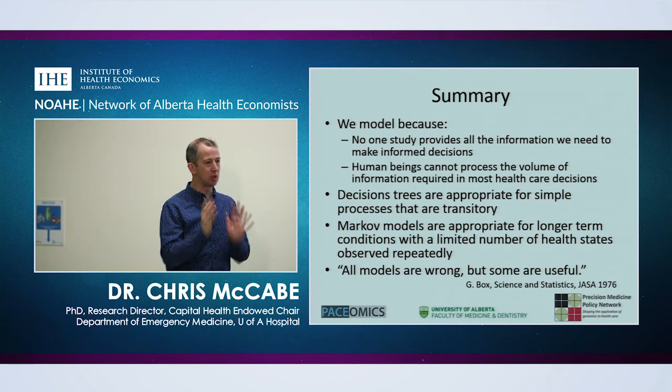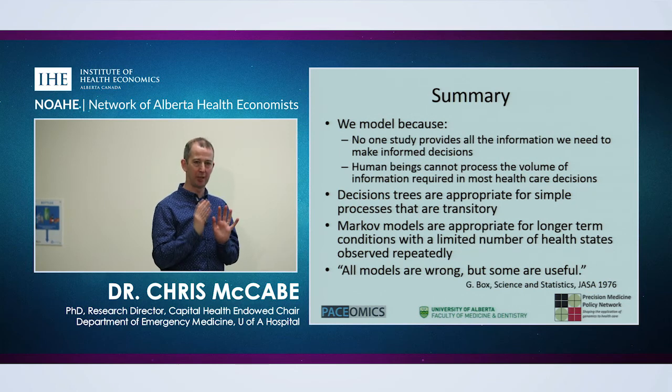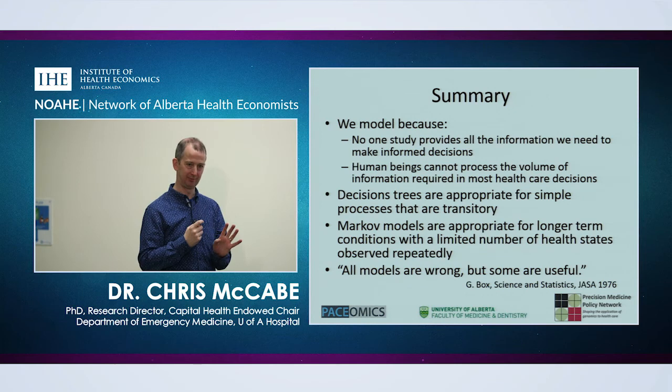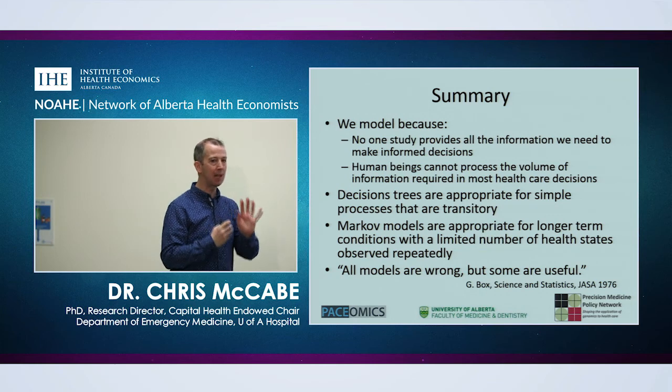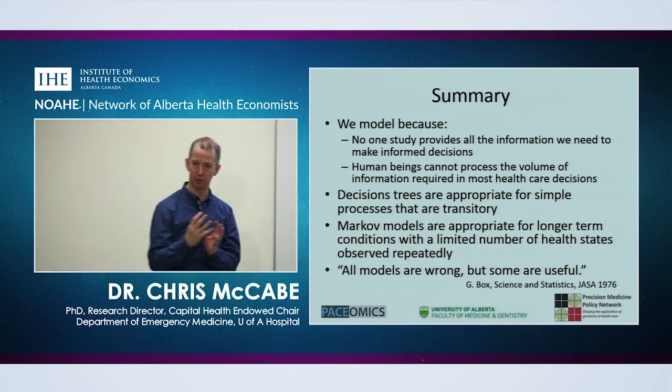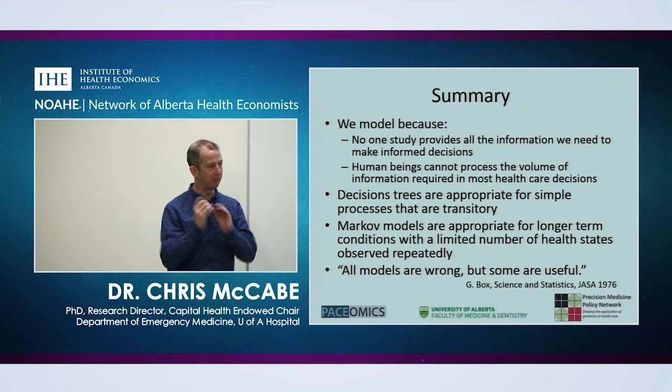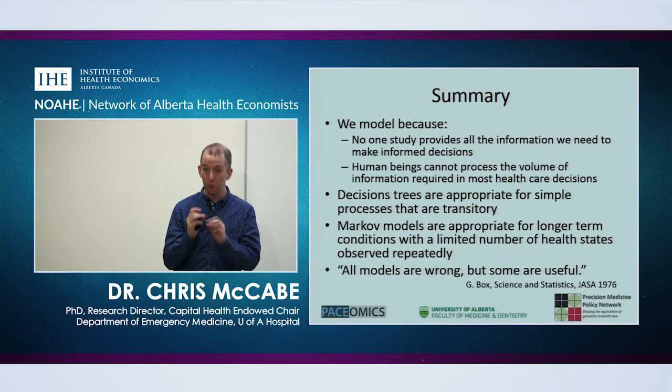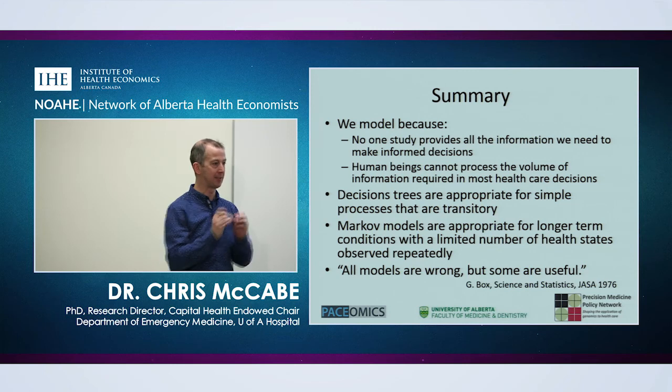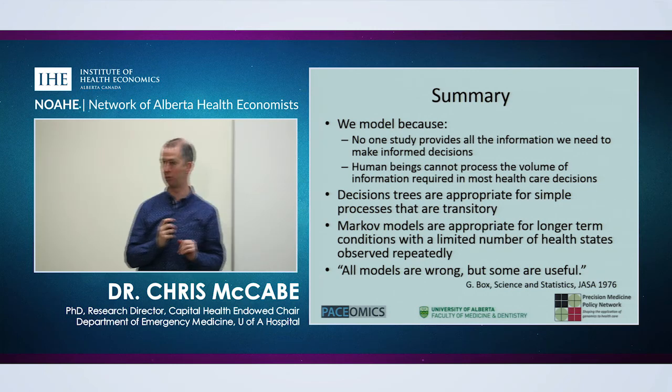When you see the results of a model, you have to ask yourself, how is this model wrong, and does it matter? When you are building a model, every time you decide not to include something, you have to convince yourself that it wouldn't matter to the decision, or it wouldn't matter to the stakeholders in the decision process.